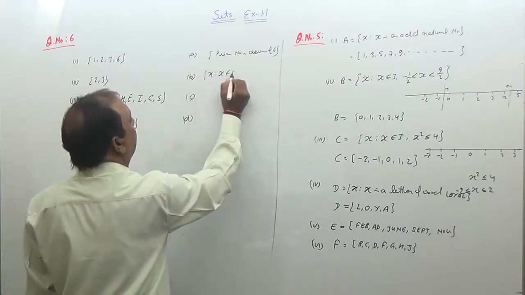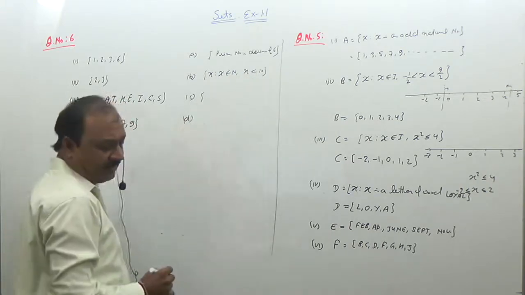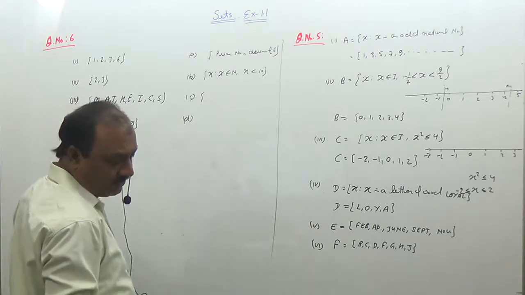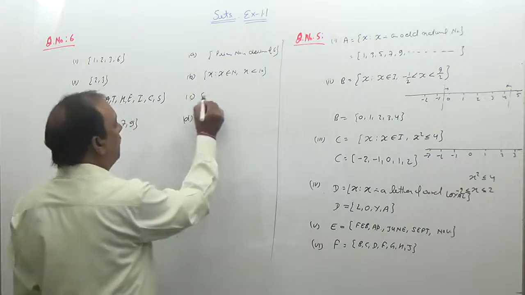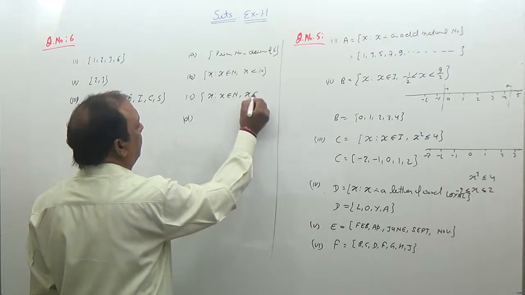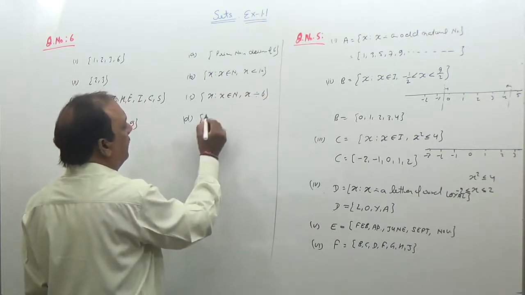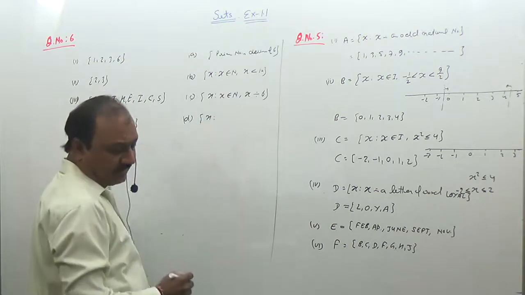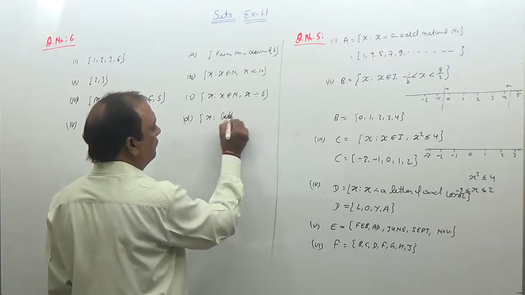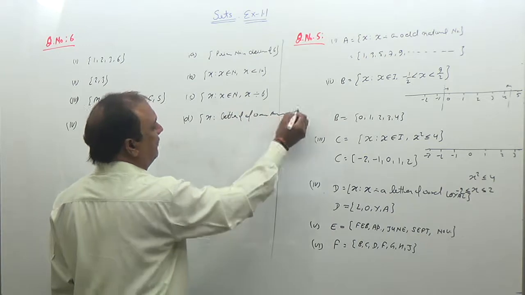And C is the set of all natural number divisors of 6: X such that X is a natural number and X is a divisor of 6. And next is X such that X is a letter of the word mathematics.